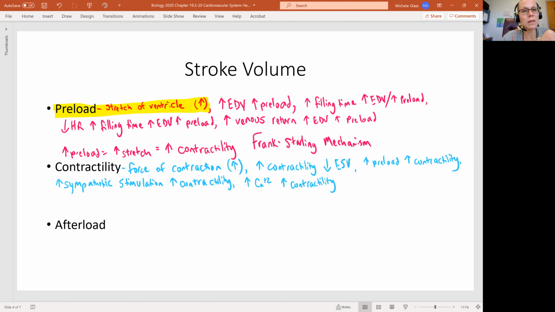If the sympathetic division is going to increase our contractility and the parasympathetic division is the opposite, just make a note of that. So if you increase your parasympathetic stimulation, you're going to be decreasing contractility.